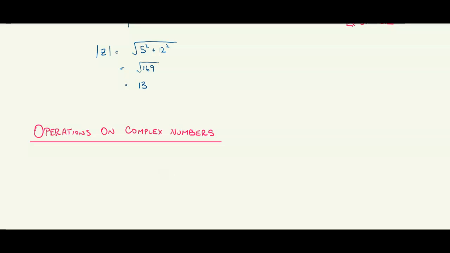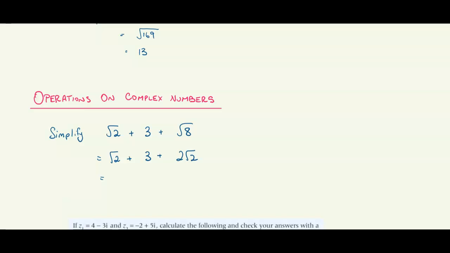So if you were asked to simplify, maybe root 2 plus 3 plus the square root of 8, you'd simplify the square root of 8 to 2 root 2, put your root 2 and 2 root 2 together, and come up with 3 plus 3 root 2.